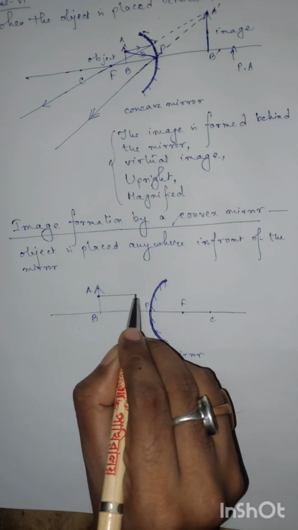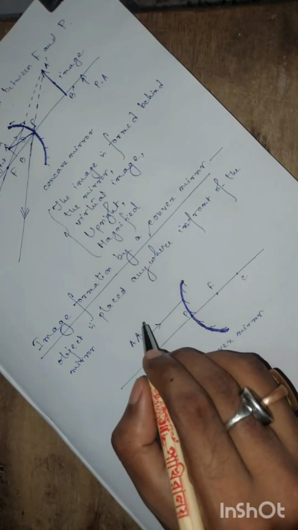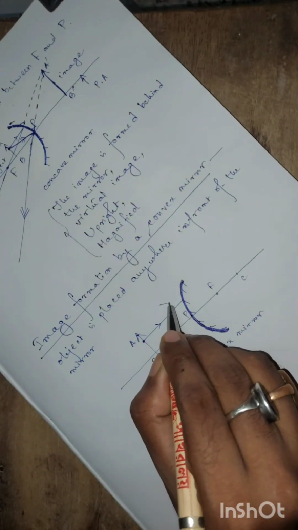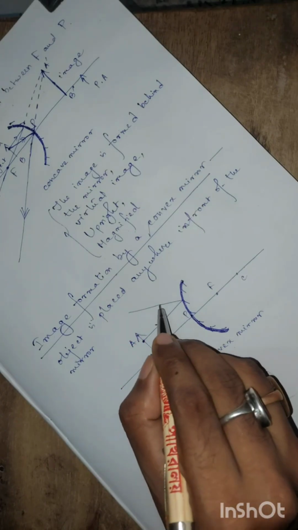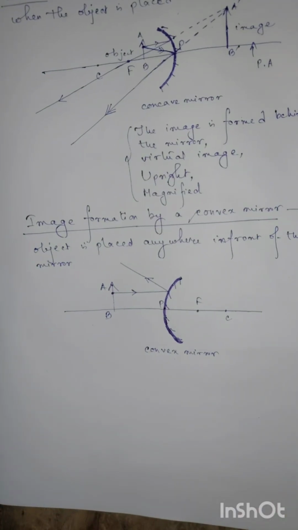The first ray, which is parallel to the principal axis, after getting reflected, the reflected ray appears to come from the focus.